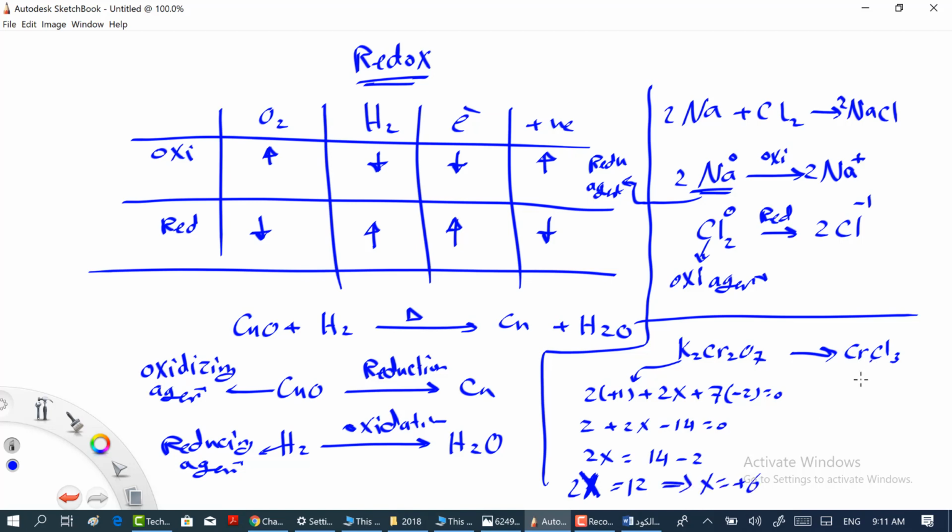But in CrCl3, X plus 3 multiply negative 1 equals 0, X equal positive 3, I'm sorry, positive 3. In this time we'll find from positive 6 toward positive 3, the positive charge is decreasing, so it is a reduction process.